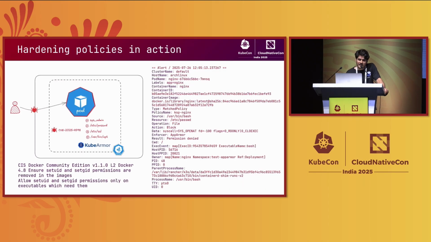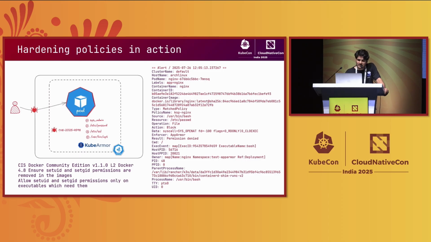So how effective can these policies be in real time? What we see here is the attackers trying to penetrate our application and trying to access these sensitive assets to literally move into the cluster. But with the policies enforced at runtime, KubeArmor will not allow access to these sensitive assets.